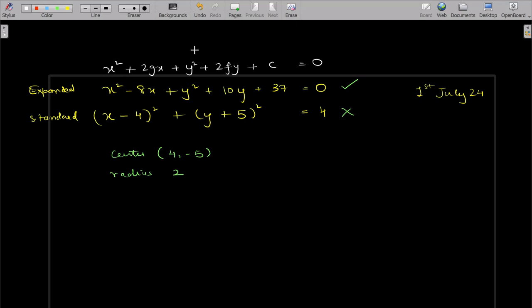Maybe. I don't remember that I told you about this shortcut. Okay, so now Anika, you have to compare this white equation with the yellow equation, and all you have to do is just find out the values of g, f and c.